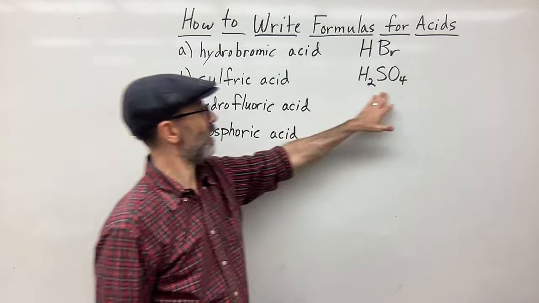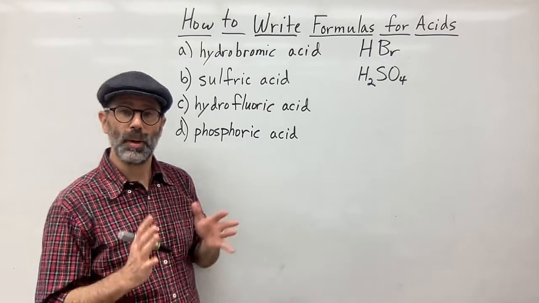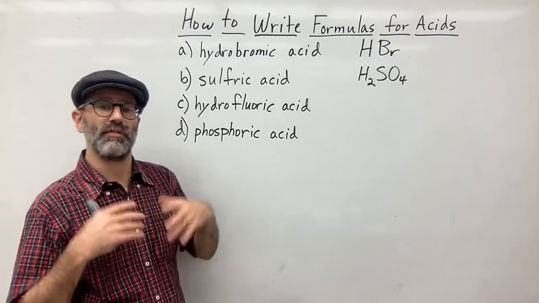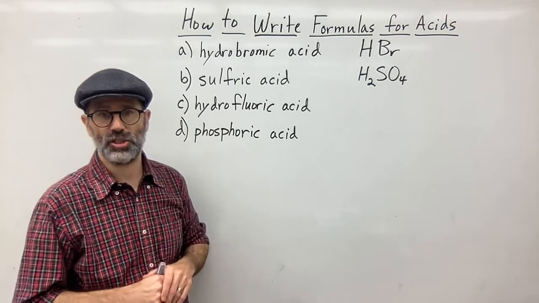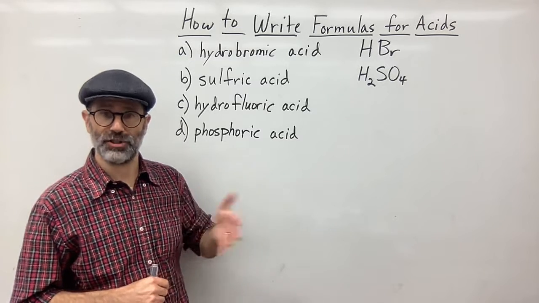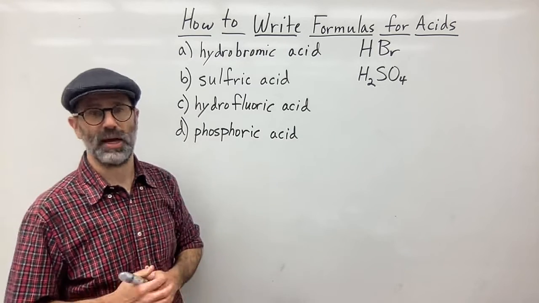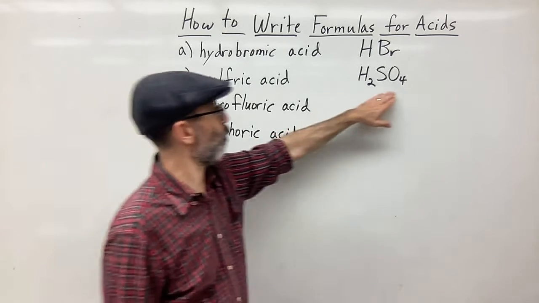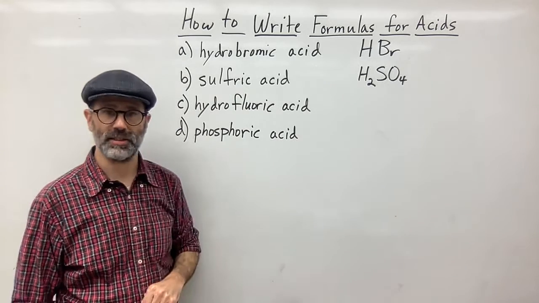This is not an ionic substance, but we can come up with the formula by thinking of it as if it were an ionic substance and balancing the charge on the polyatomic ion with enough hydrogens. Okay, so H2SO4 is the formula for sulfuric acid.